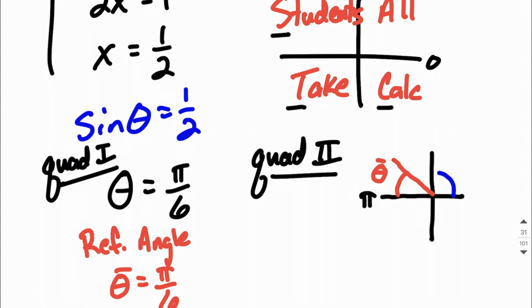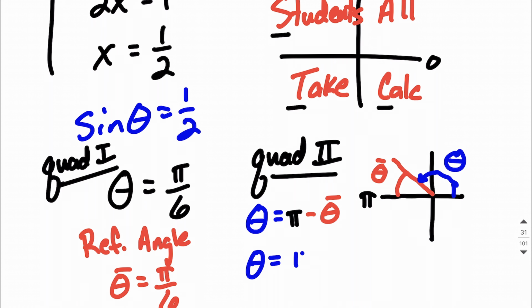So really our end goal is to find this angle that wraps around all the way into the second quadrant, and that'll be our other solution here. I'll call this one theta as well. To find that value of theta, we start with pi, but then we have to subtract away whatever theta bar is. So in our case, this angle in the second quadrant is going to be pi minus pi over 6.